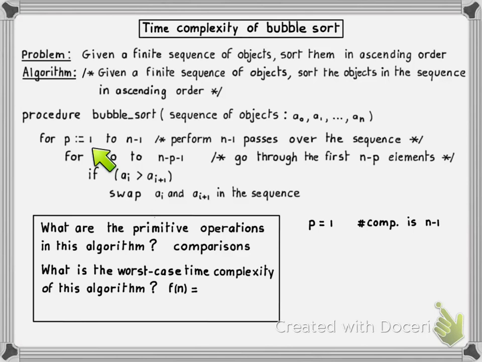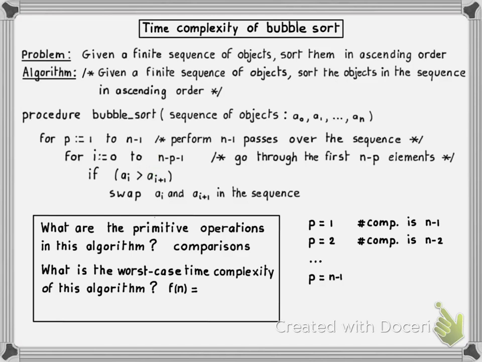When p is equal to 2, i goes from 0 to n minus 3. Therefore we have n minus 2 executions of the inner loop, and therefore also n minus 2 comparisons. Now, p keeps increasing by 1, therefore the number of comparisons keeps decreasing by 1 as well until we reach the last iteration where p is equal to n minus 1.